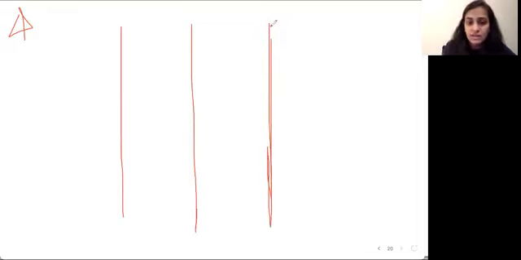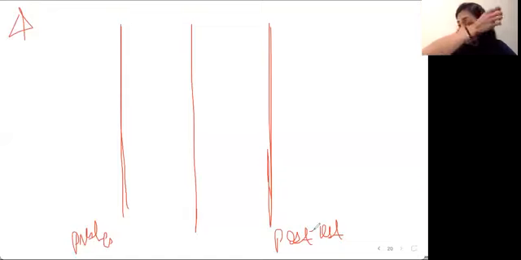So everything on this side is your pretest probability. Everything on the right side is your post-test probability, whether you have the condition or you don't have the condition. In the middle, you have your likelihood ratio.